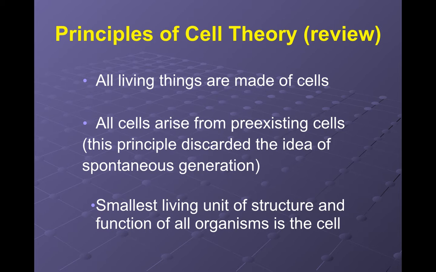They actually come from other cells that are dividing, and the flies lay eggs and whatnot. That idea that things can just spontaneously become something is discredited by saying that all cells arise only from pre-existing cells. And the third one here: the smallest unit of structure and function in all organisms is the cell.